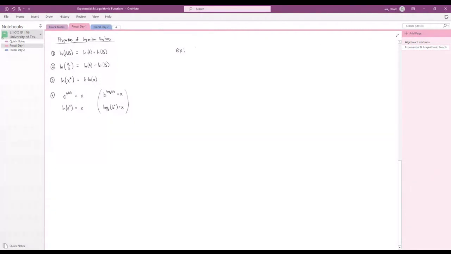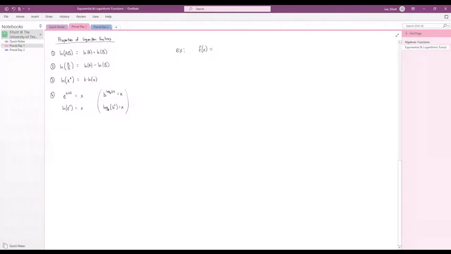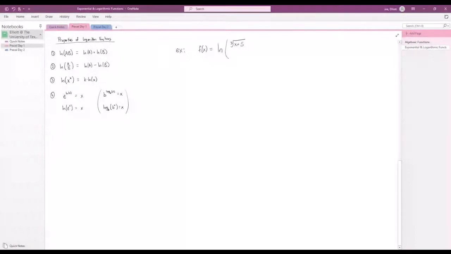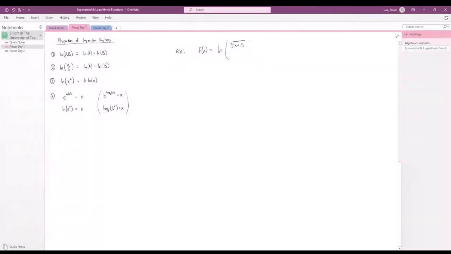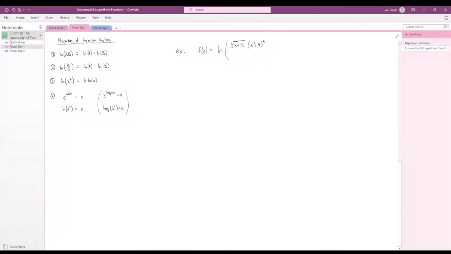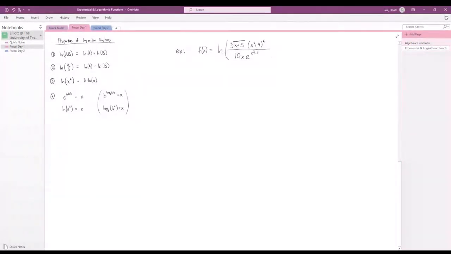So here I'm going to write down a fairly complicated expression. So let's do natural log of, maybe cube root of x plus 5, x squared plus 4 to the power 6, over 10x e to the x squared minus 1.